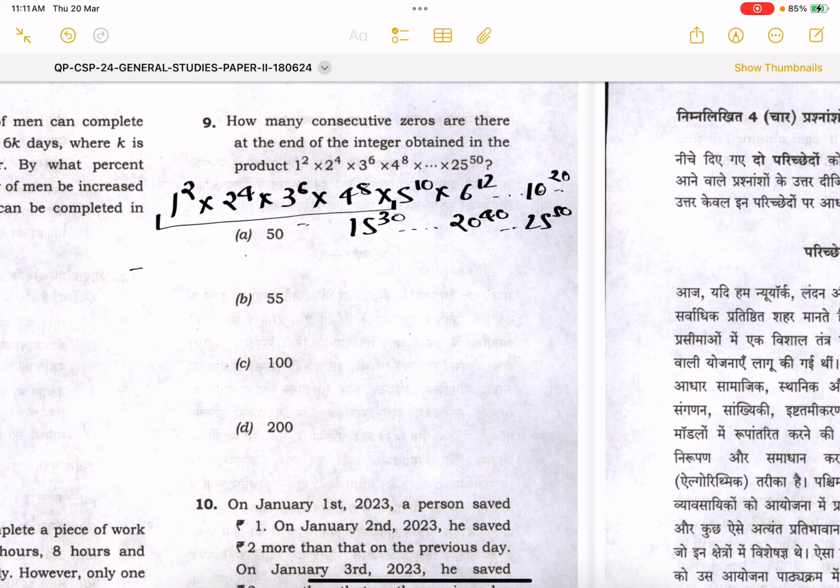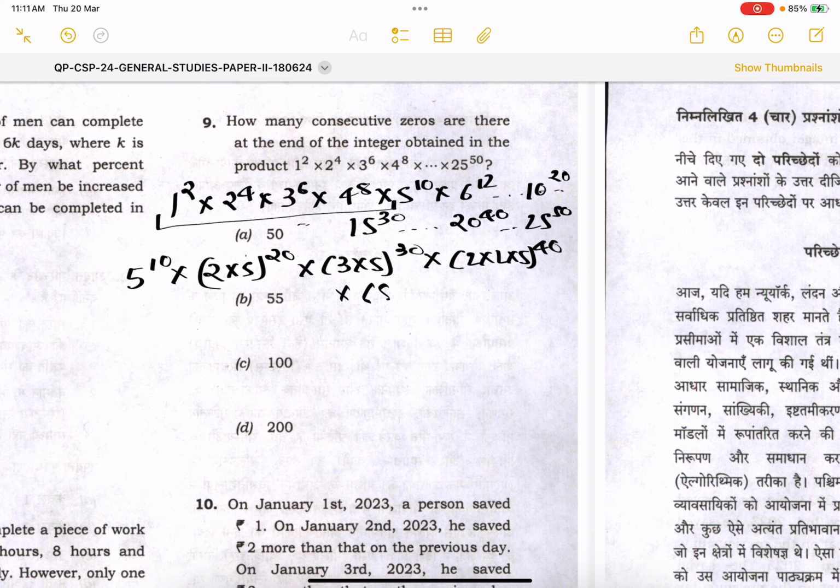So we can write it as 5 to the power 10 into 2 into 5 to the power 20 into 3 into 5 to the power 30 into 2 into 5 to the power 40 into 5 into 5 to the power 50.